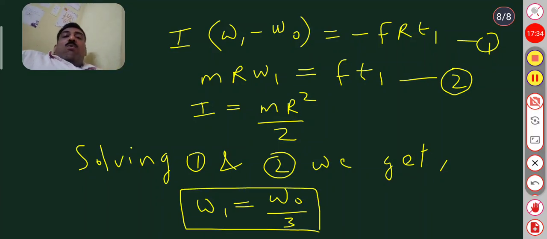This is the final angular velocity when it stops slipping.